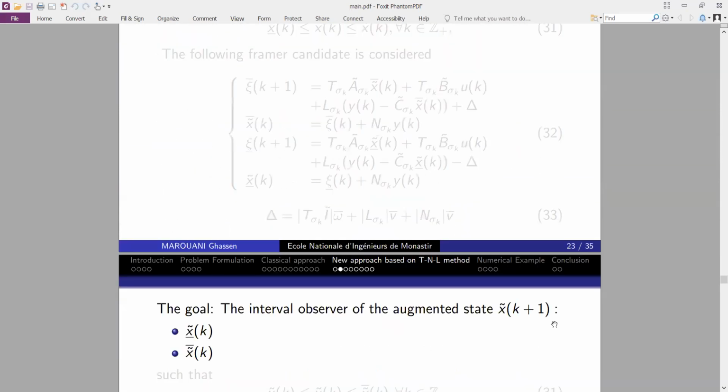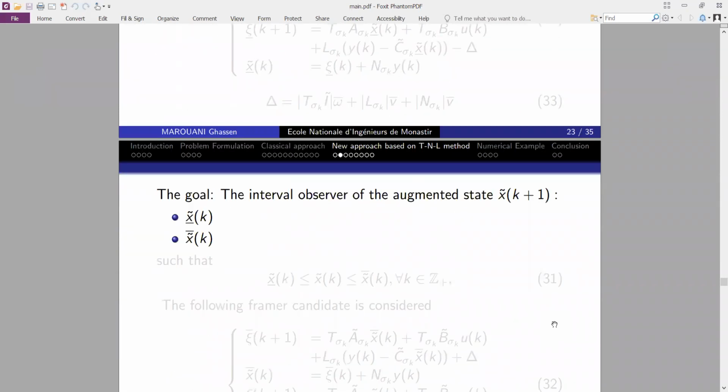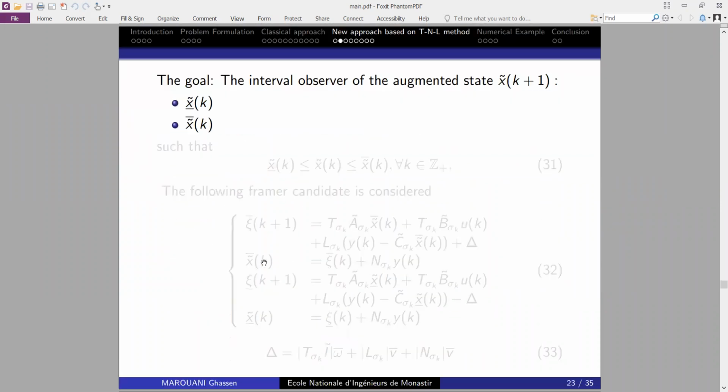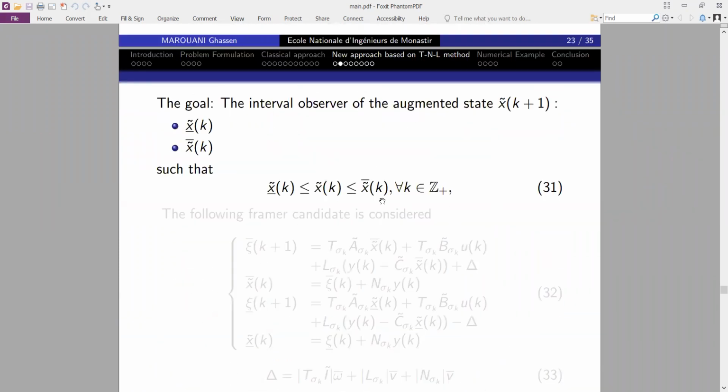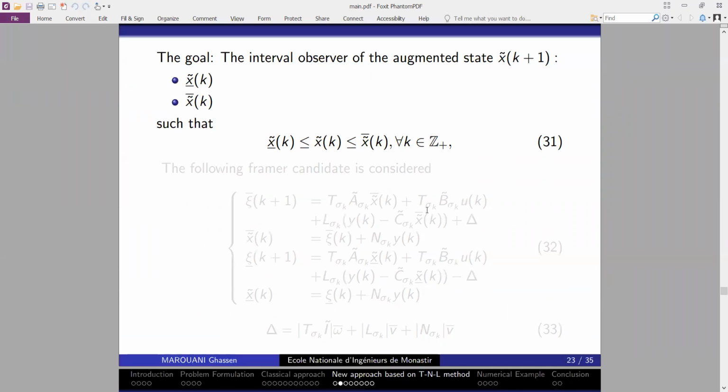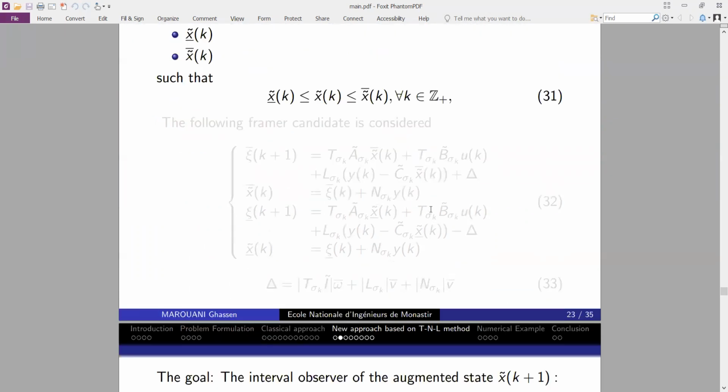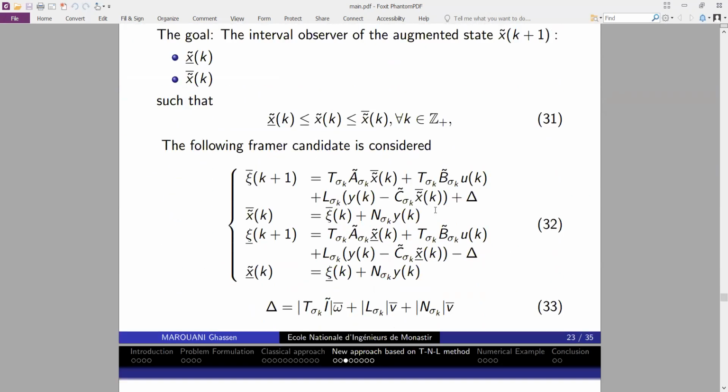So the goal is to design an interval observer for the augmented state vector x tilde k plus 1. We have to determine the underline x tilde q and the overline x tilde, such that they respect this inclusion. So we propose as framer candidate the following structure.